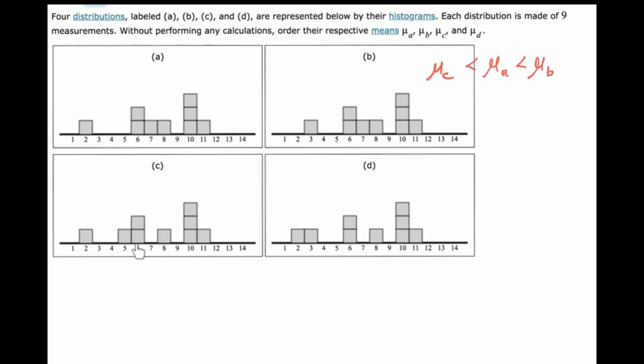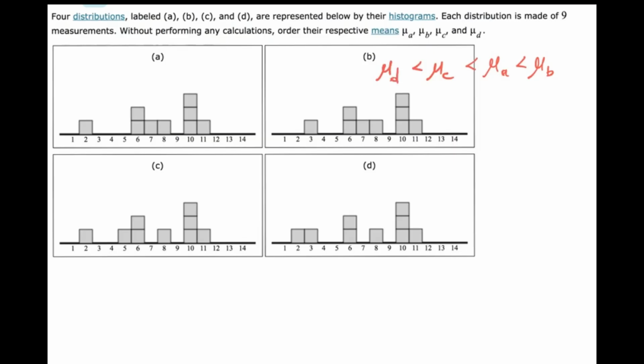The only difference between histogram D and C is that this element moved from 5 to 3 in histogram D. Compared to histogram C, I have a smaller element in this position, which makes the mean of the last distribution D the smallest one of all. I'm going to conclude that mu sub D is the smallest value.